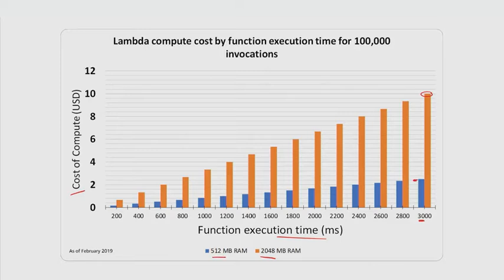Well, then you will always be using the lower amount of RAM. No, but let's think about this for a second. If it takes 3 seconds to execute our Lambda function with 512 megs of RAM, how much time will it take to execute that with way more horsepower here?